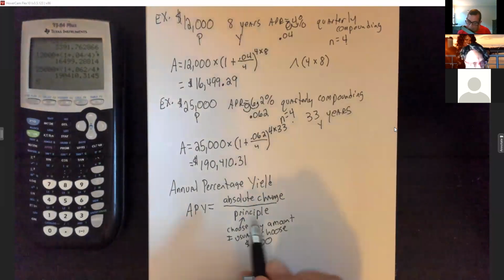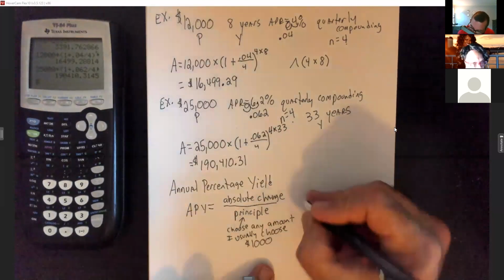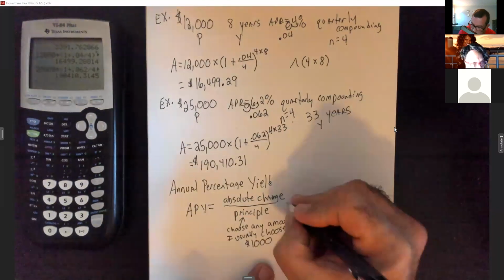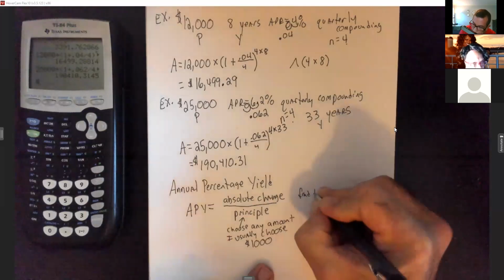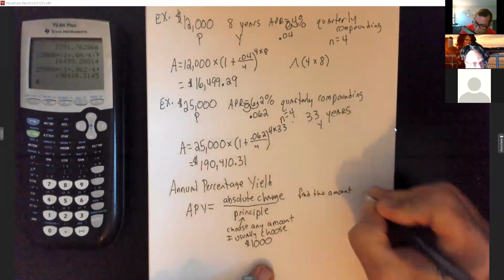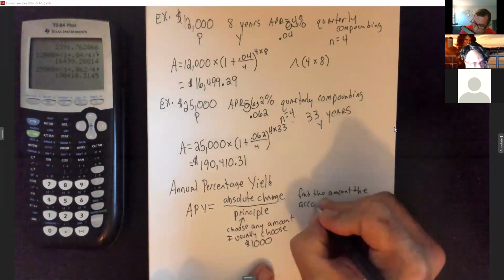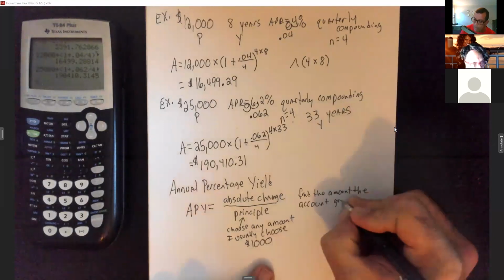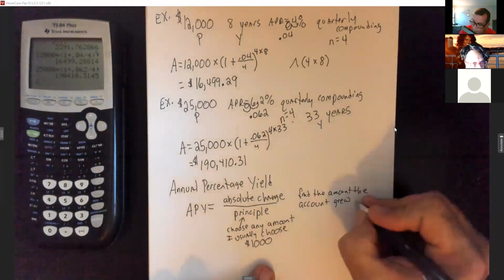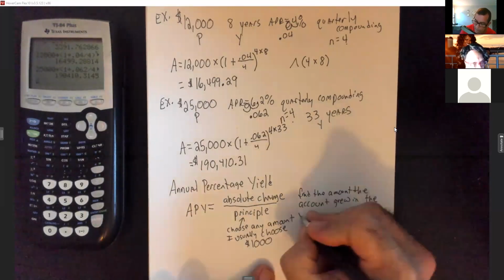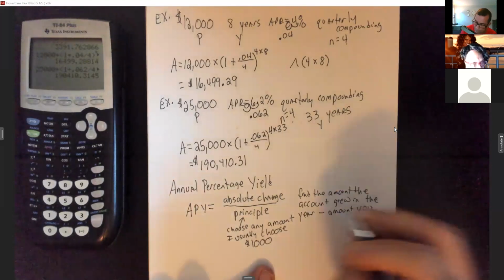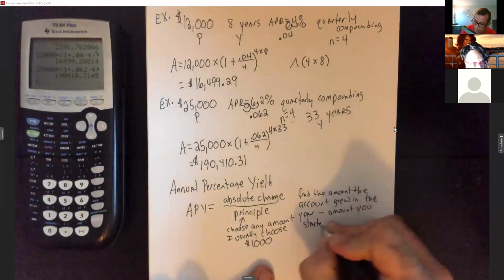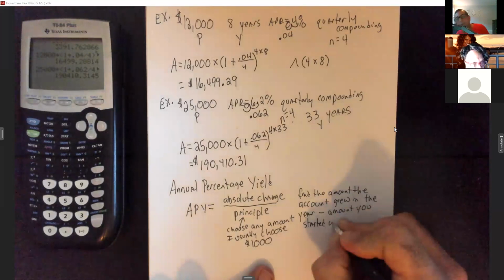Now to find this absolute change, you're going to find the amount the account grew in the year minus the amount you started with. So let me tell you what I mean by that.